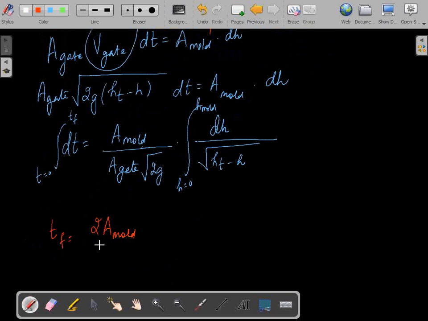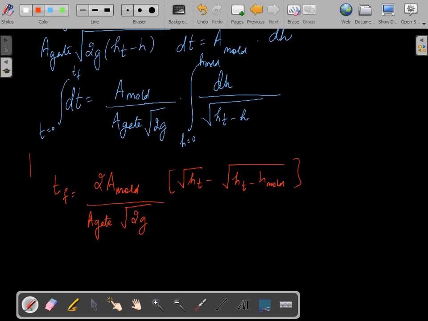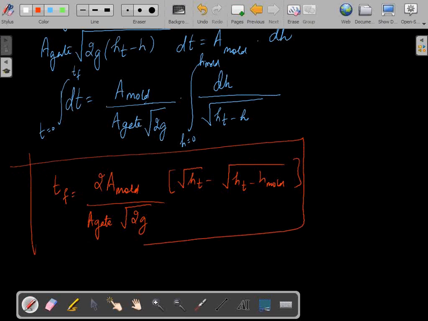I hope you all know how to integrate, so I am not going into that detail now. Note this formula down. This is not in your notes.